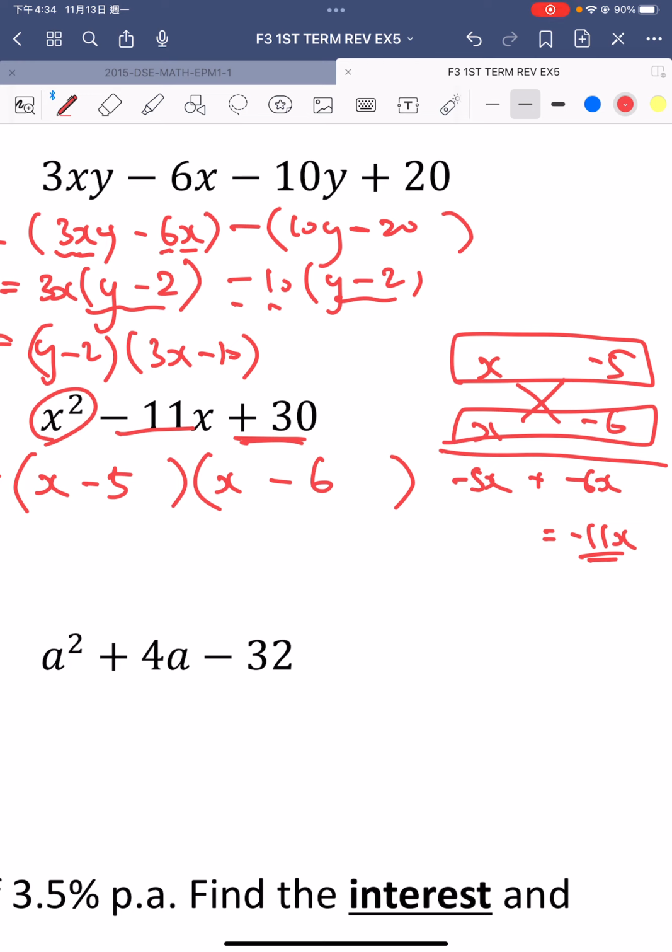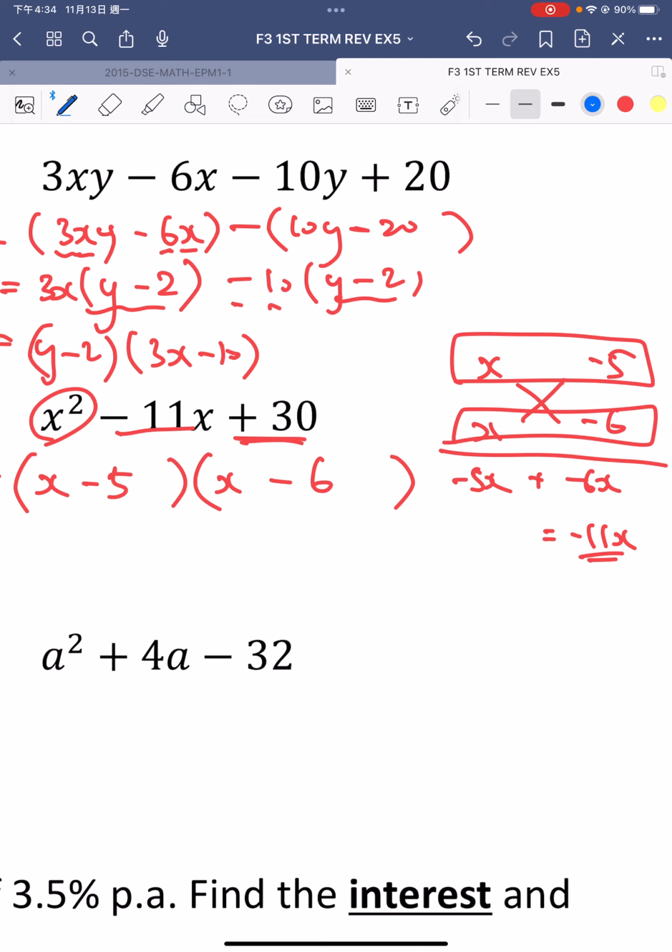If you don't want to factorise the quadratic equation, you can just use the formula 01. So go to mode 1, formula 01. So just enter a, which is the number in front of the x squared, which is 1 this time, and then b is the number in front of the x with the sign. Okay, so we have negative 11, so we put negative 11 as b, and then 30 as our number c.